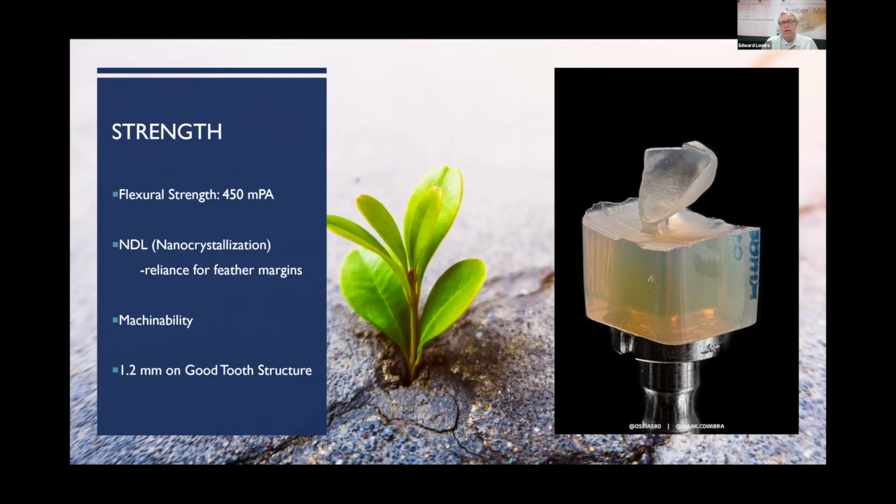Now, we don't recommend utilizing a feather prep of any kind, say on a molar or any hard-bearing tooth. But for veneers and maybe the facials of your anterior restorations, you can feather them down and feel comfortable. You're not going to have chipping, and you're still going to have some strength.